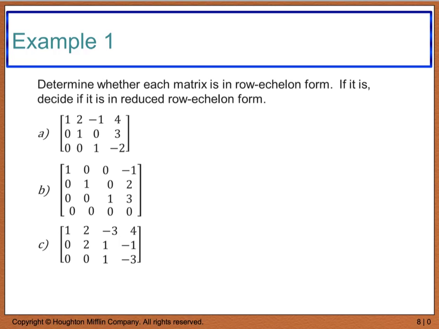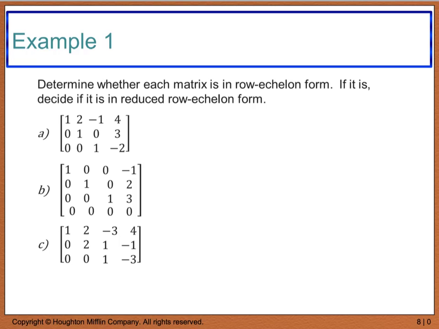In the second row, I notice that in my first spot I have a 0, which is fine. And in my second spot, I have a 1, so my leading 1 is here. In the row above it, the leading 1 is farther to the left than the leading 1 in the lower row, so I still meet my requirements for being in row echelon form.